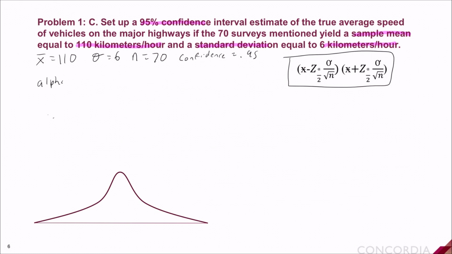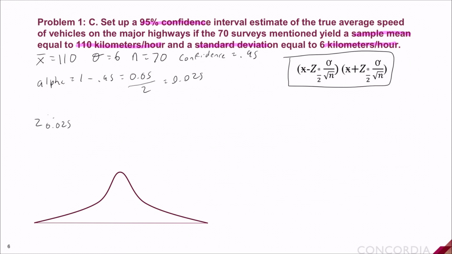The alpha is equal to 1 minus the confidence level, which gives us 0.05. However, the problem has it divided by 2. So we'll divide it by 2, and that'll give us a value of 0.025. That means we need to find a z-score equivalent to 0.025.